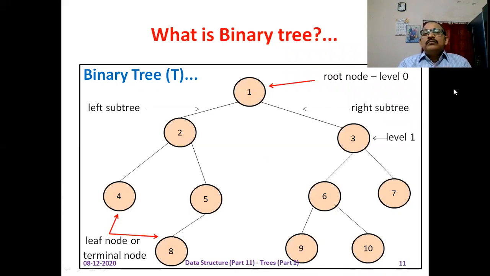This figure depicts a binary tree. 1 is the root node, and 4, 8, 9, 10 and 7 are the leaf nodes, or you can say terminal nodes, or external nodes.